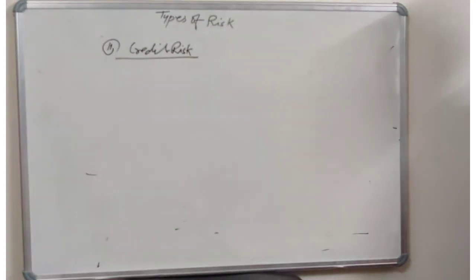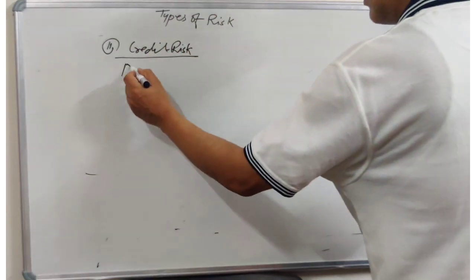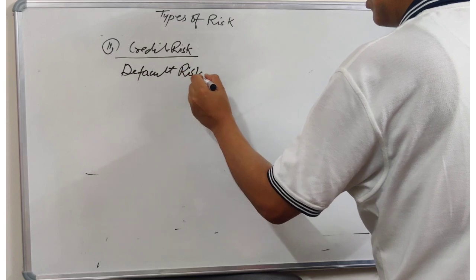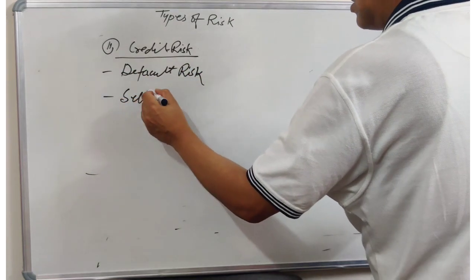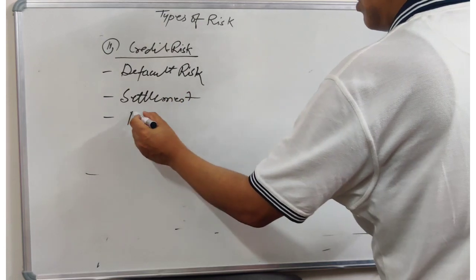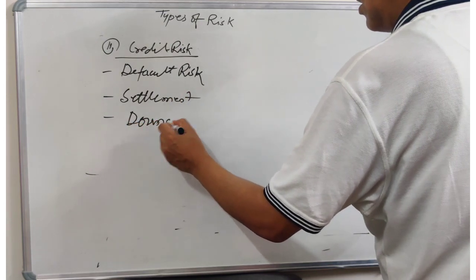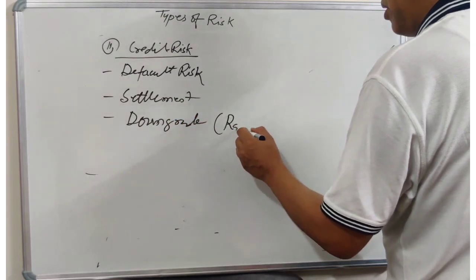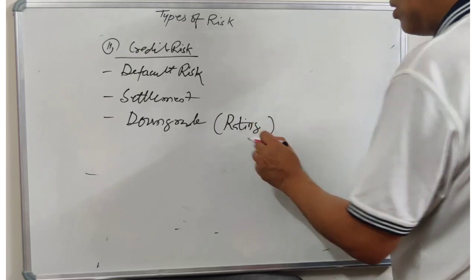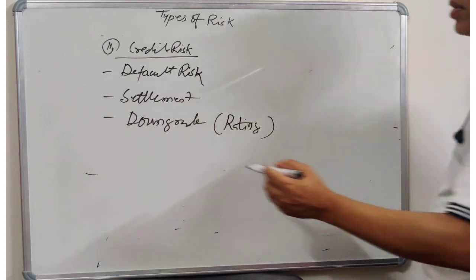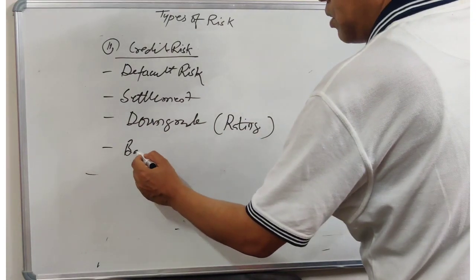Credit risk again can have some kind of subdivision, like we can have default risk, or settlement risk, or we can have downgrade. Downgrade means rating downgrade. And we can have bankruptcy.